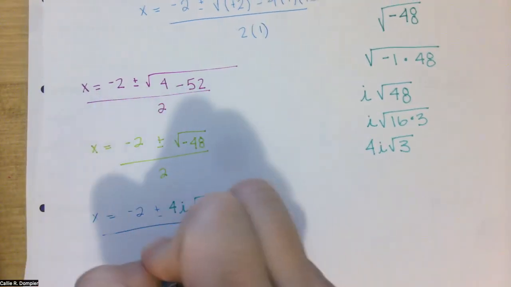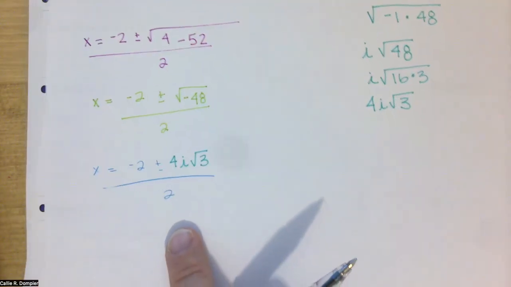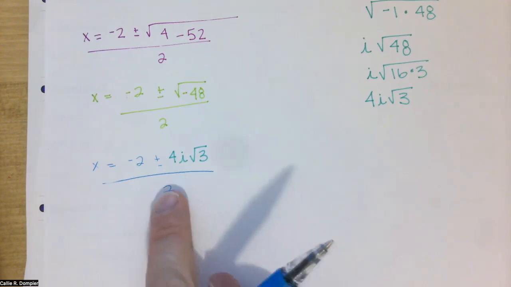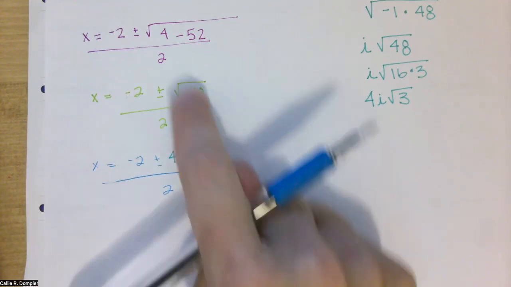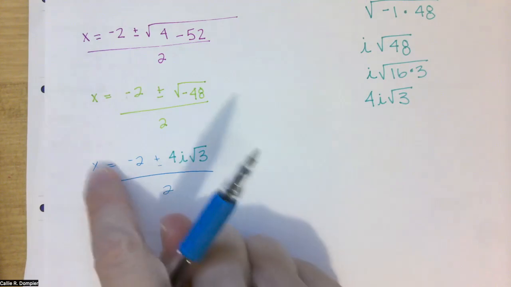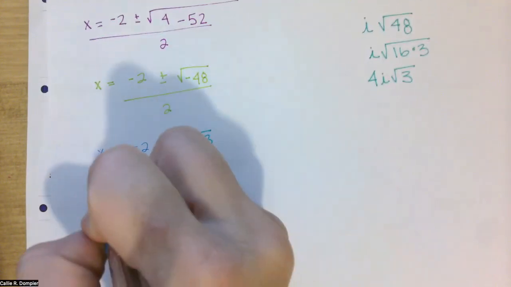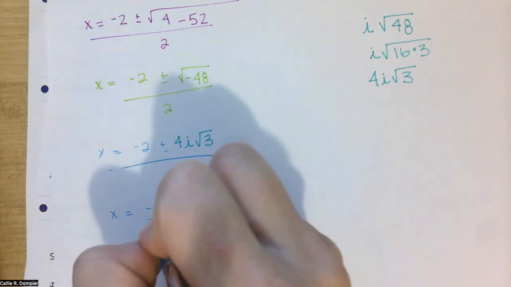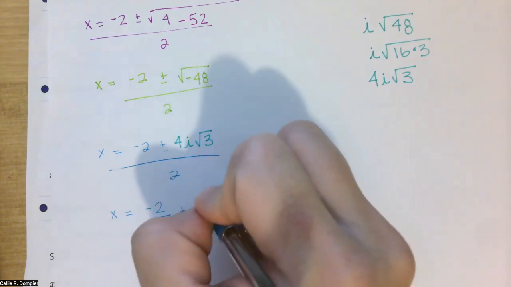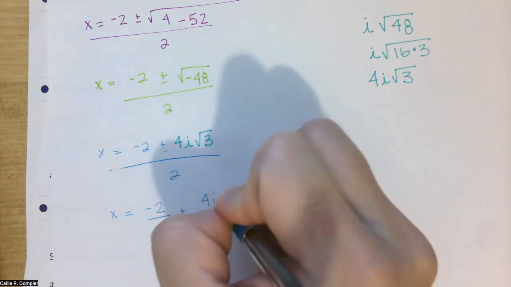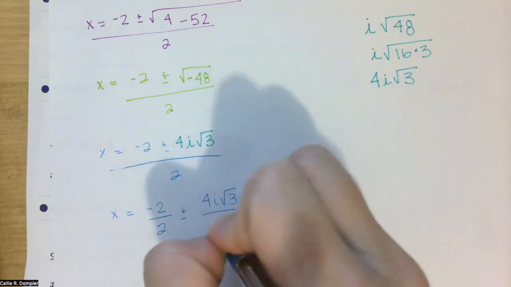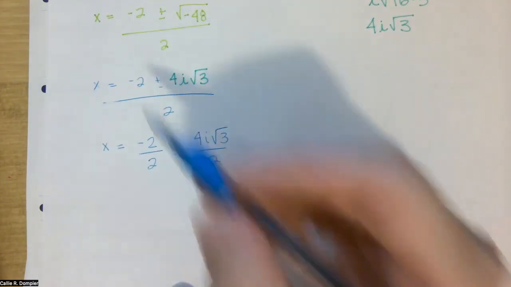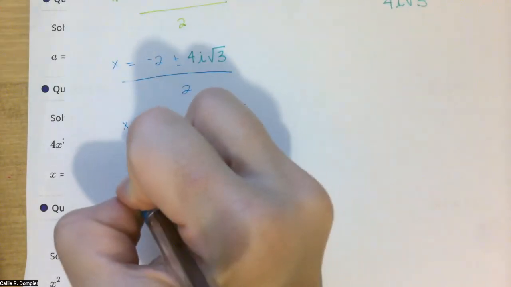divided by 2. All right, this is where it gets pretty difficult because you're going to divide all of this by 2. What I would do is make it negative 2 divided by 2 plus or minus 4i square root 3 divided by 2. Because the negative 2 divided by 2 is just negative 1, right?